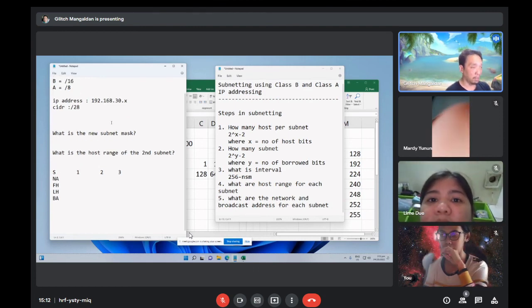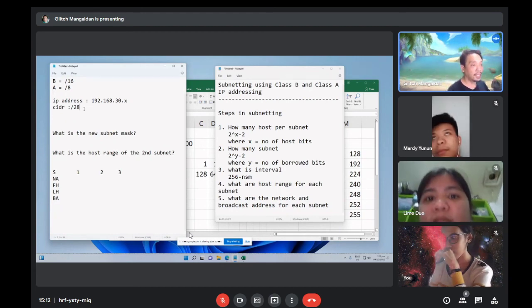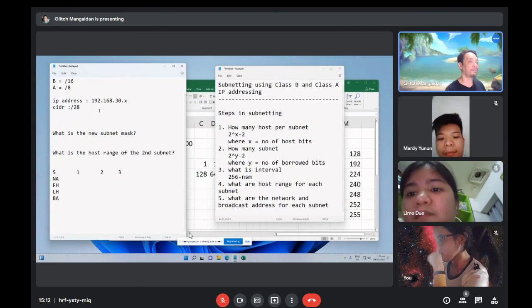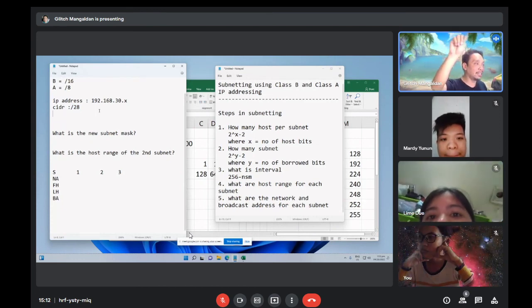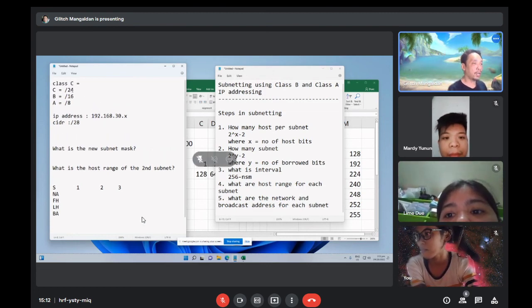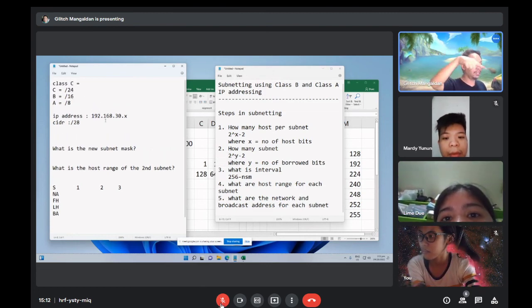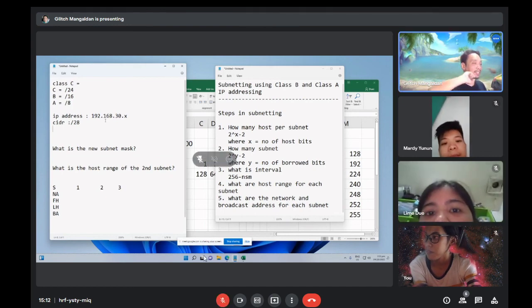Dito. Ang given natin, CIDR slash 28. Ano ang default ng class C? Slash 24. Ilan ang difference?